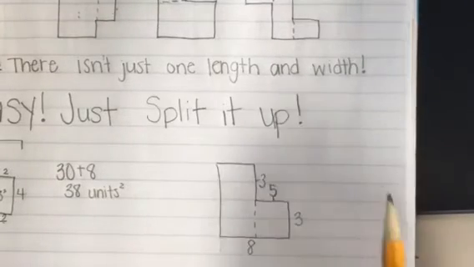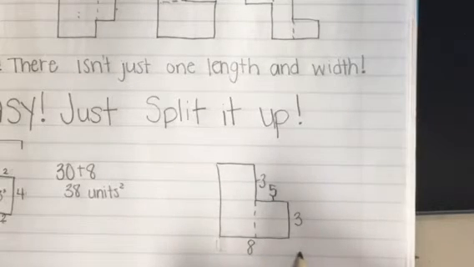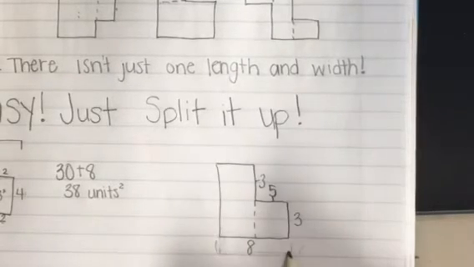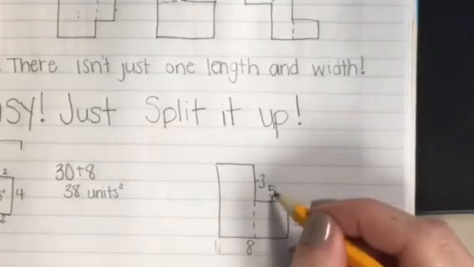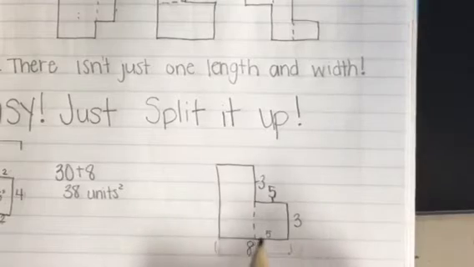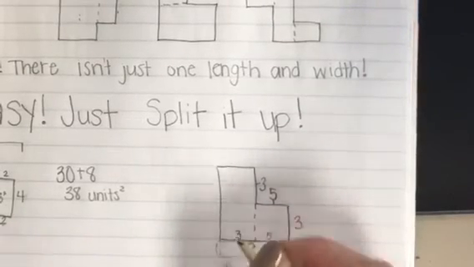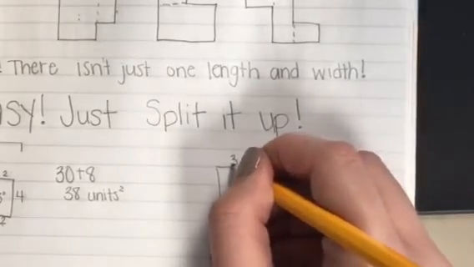Easy peasy. All right, if this whole side is 8 and this portion is 5, that must mean that this section right here is worth 3, which also means that this is worth 3.